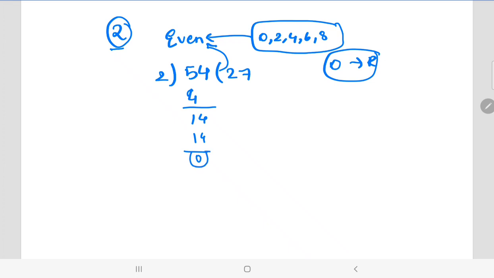So I guess you are clear with what the divisibility rule of 2 is. It is simply whenever any number is even, then that number is divisible by 2. Okay? So next, let us go for the divisibility rule of 3.